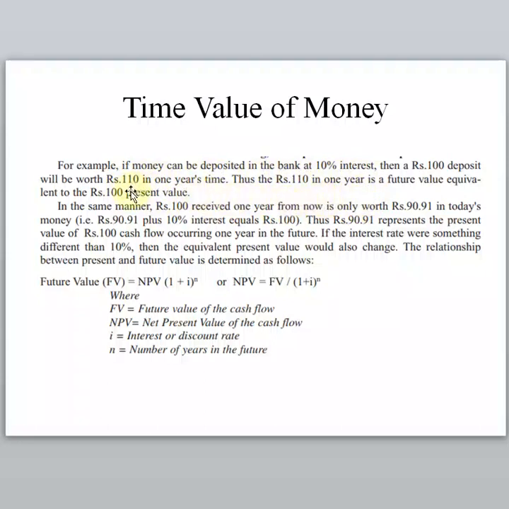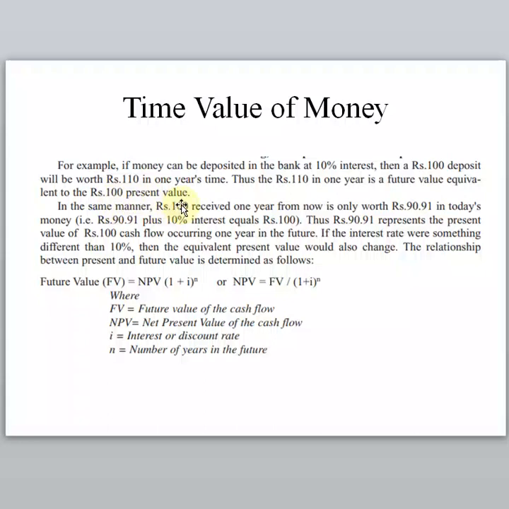After 1 year, what will be the value of that money? It will be 110, that is 100 plus 10 rupees. So this 110 rupees in 1 year is the future value equivalent to the 100 present value.